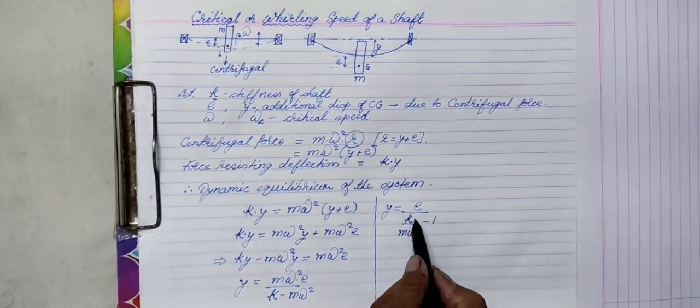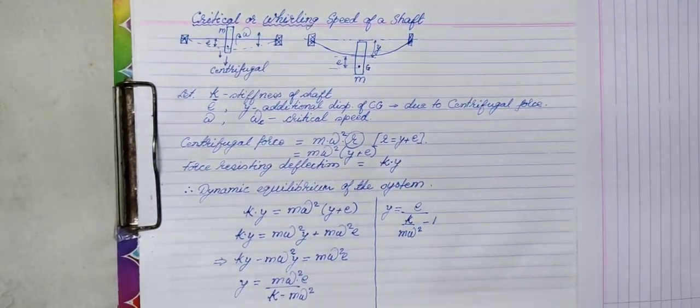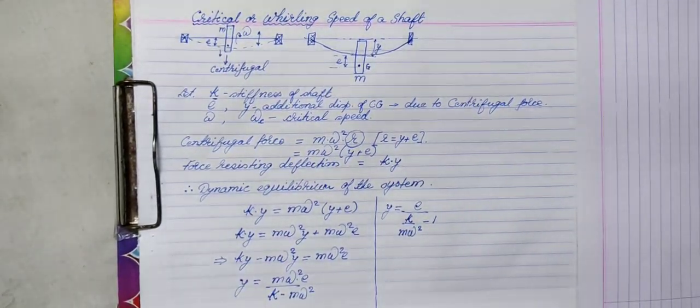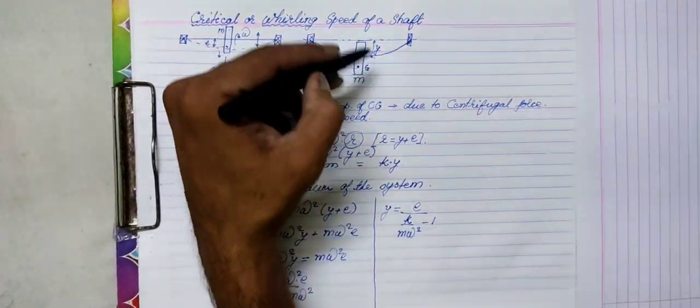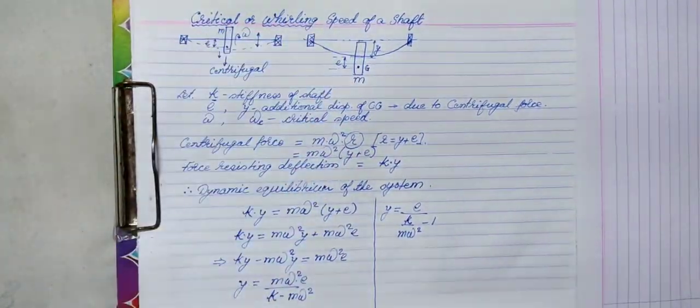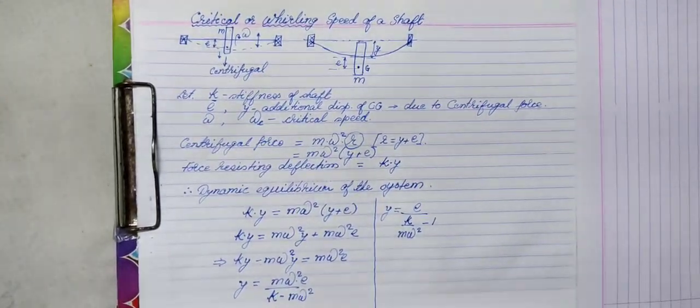Have a look at this term k by m. We have studied the basic equation of vibration, where the transverse vibration will be in this fashion. So under root k by m is the natural frequency.